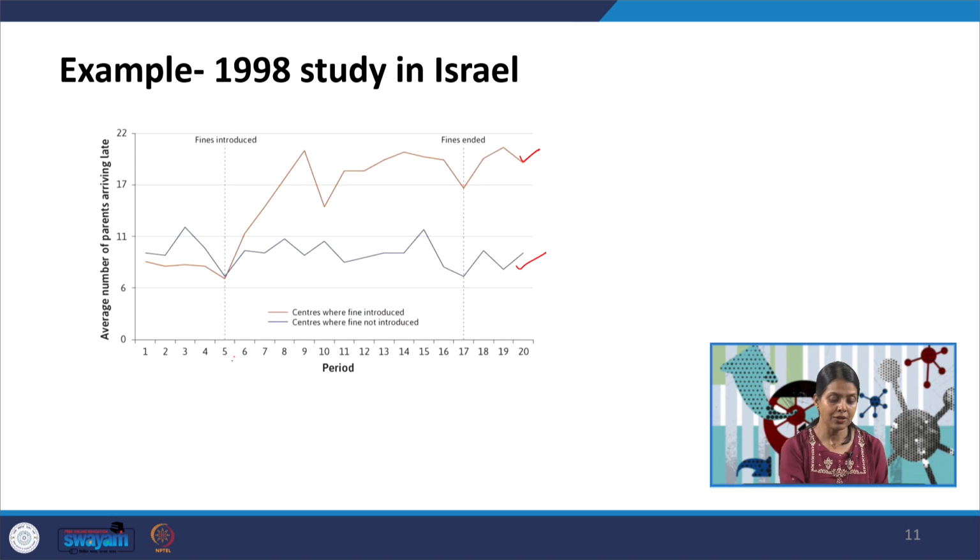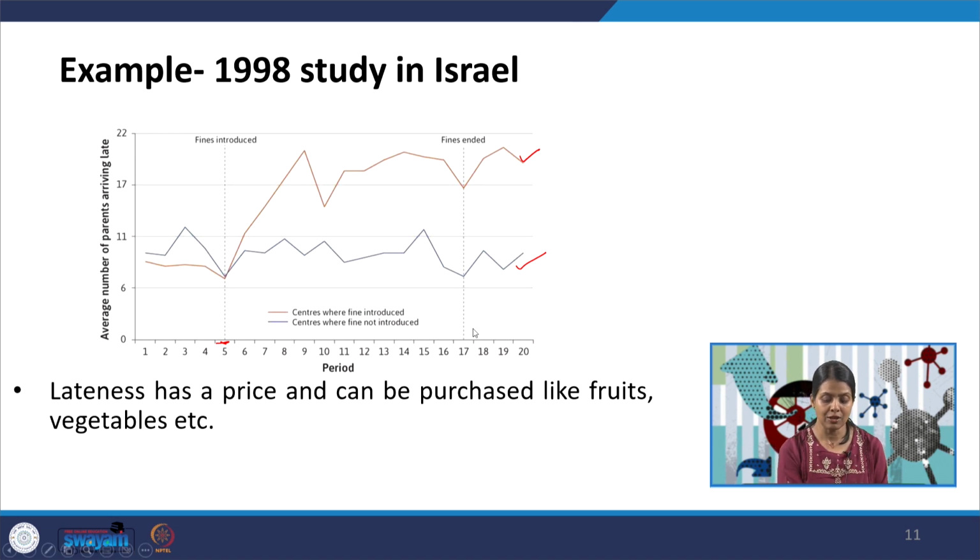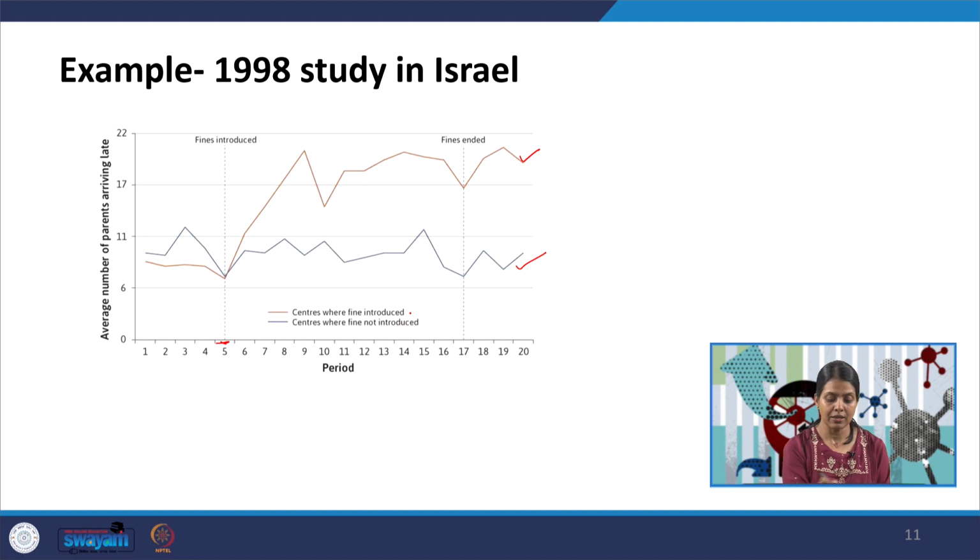So, the fine was introduced at this point. Prior to that, there were ups and downs of parents coming late in both the daycare systems, and the fine ended here.